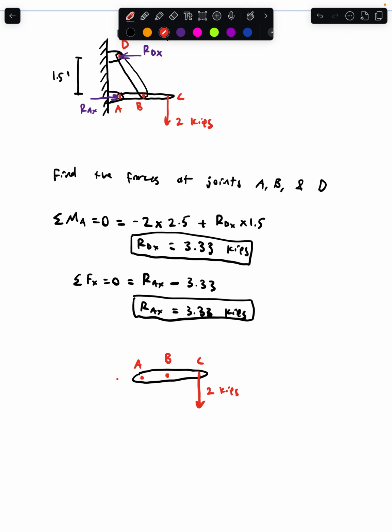We have A, and we know the x component of that is 3.33. And at B, since C is pulling down, I'm going to assume just intuitively that this member here, BD, is under tension. So that's going to be pulling on this joint off in this direction. I'm going to go ahead and break that down into components.